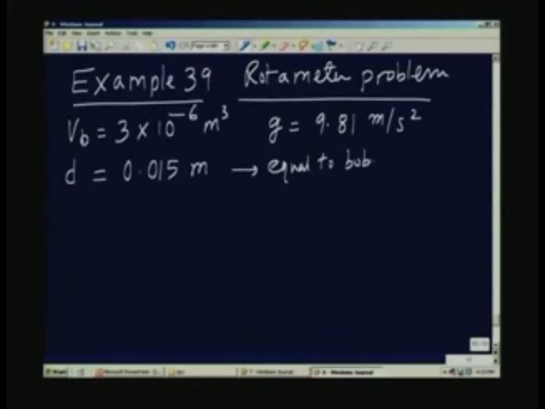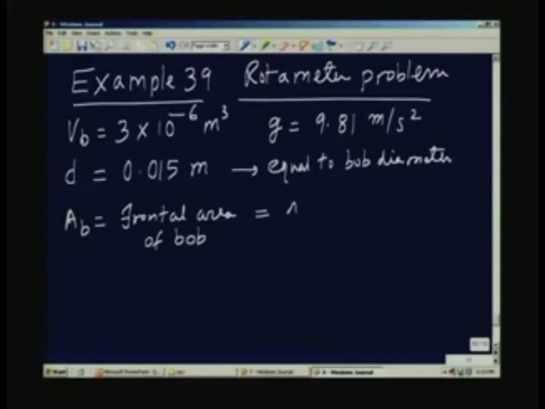That means, to determine the frontal area AB, the frontal area of the bulb, which comes in the calculation of the drag force, this frontal area will be pi d squared by 4.